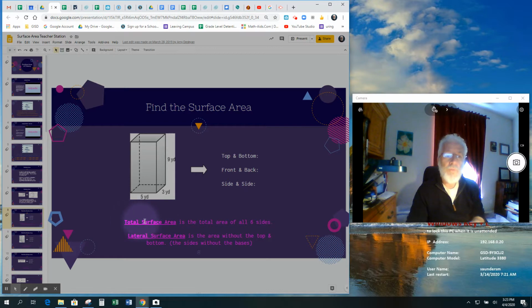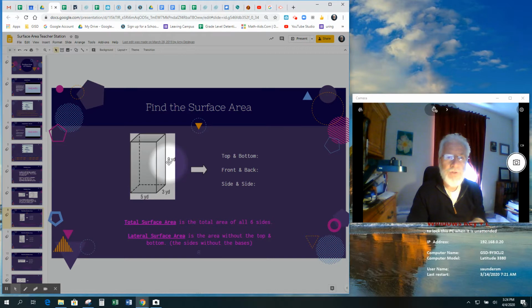So that's one kind of surface area. Then if we were going to do something called just the lateral surface area, the lateral surface area is the area without the top and the bottom. This is the 4 sides, not including the bases. So the bases of this rectangular prism are the top and the bottom.